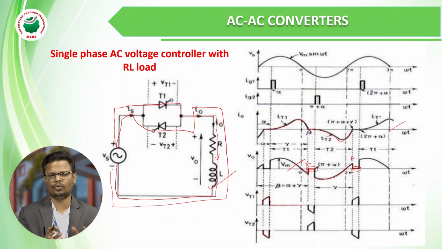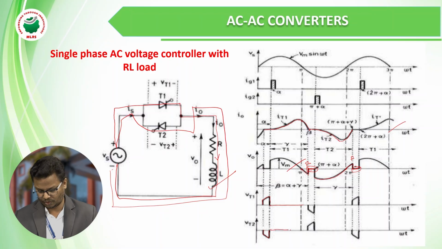Because the total source voltage is present on the load side, and the voltage across VT1 and VT2 will be 0. When we give the trigger pulse for VT2, then again we get some voltage across the switches. When we give the trigger pulse at 2 pi plus alpha, again there is 0 voltage across the two switches, and the source voltage is present as the output voltage. This way it continues.